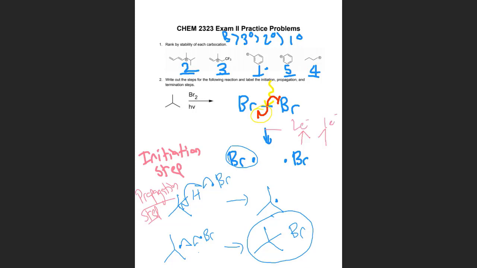This is the notation we're using for radical formation, because as we know, a radical is just one electron. One electron is forming a bond here, and then one electron is coming to form a bond there. So whenever you're drawing mechanisms for radical halogenation, you should always be using the single arrow like this. Okay.